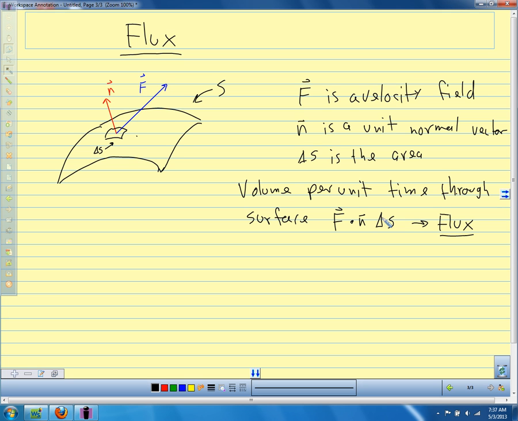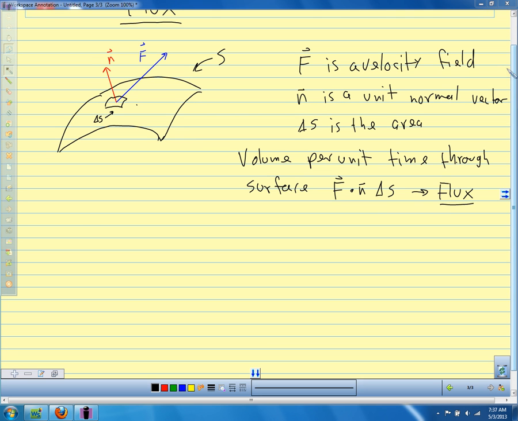So this is an argument that we've used over and over again. We're going to take that volume at each delta S on the surface, sum that over the surface, take the limit as delta S gets very small, and we define our flux integral. We're going to sum over the surface as delta S becomes very small.